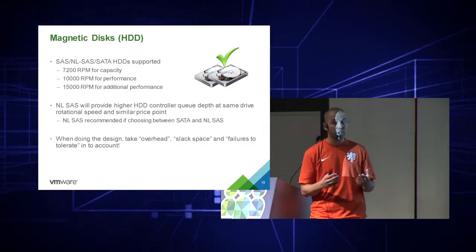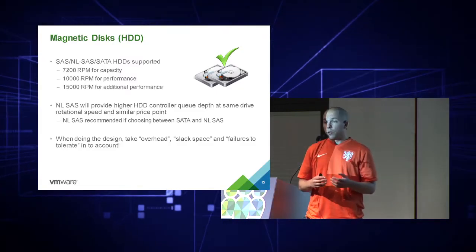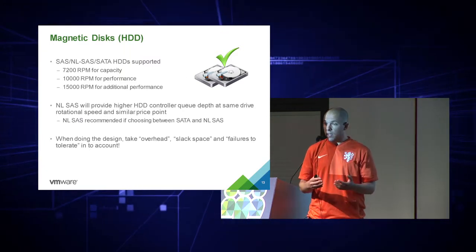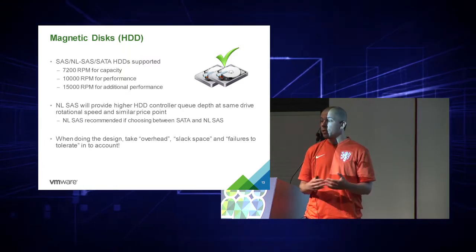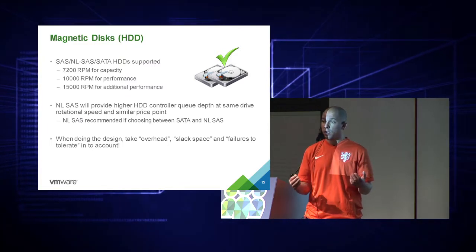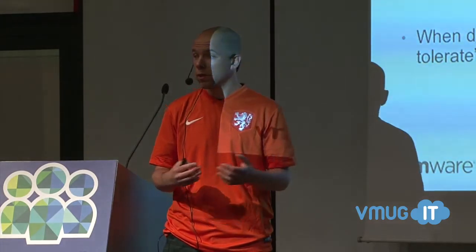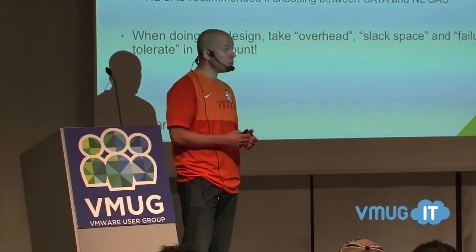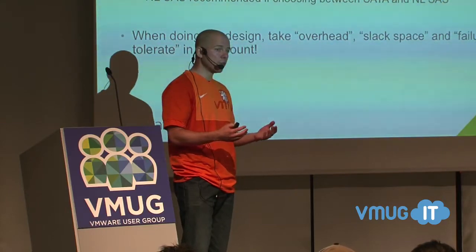Well, to VSAN, in my opinion, it does matter, because although every single write should hit SSD at first, at some point it will need to be destaged to a magnetic disk. So guess what? If you have really slow, large disks, it's going to take a long time before those IOs are all destaged to the magnetic disks. Not only will it take a long time before those are destaged, but what about the reads?